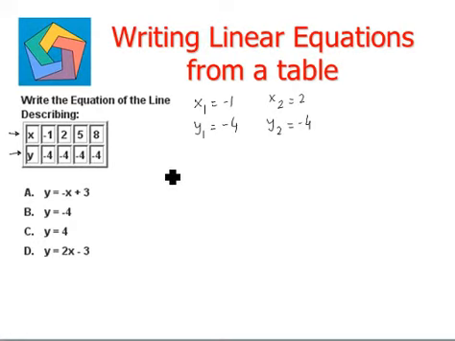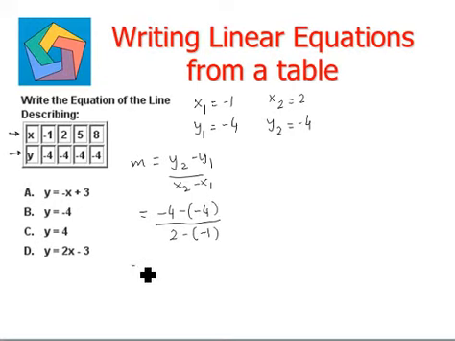So let's find the slope. It's y2 minus y1 divided by x2 minus x1. So y2 is negative 4 minus y1, negative 4, divided by x2, which is 2, minus negative 1.